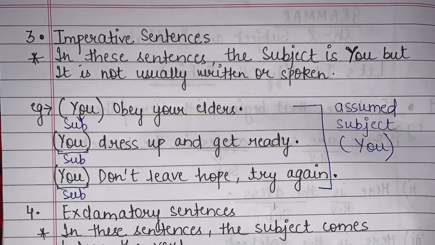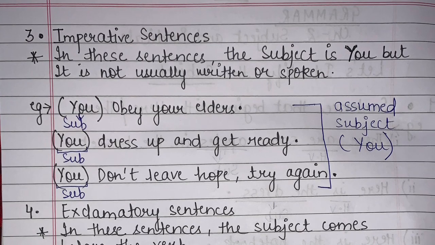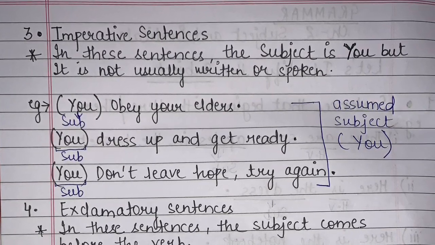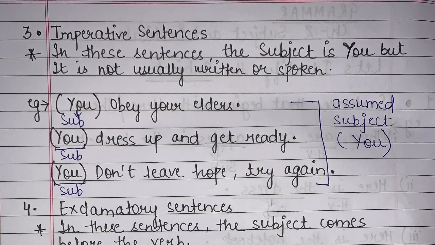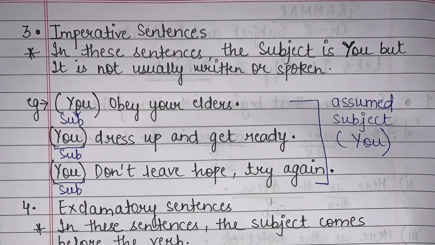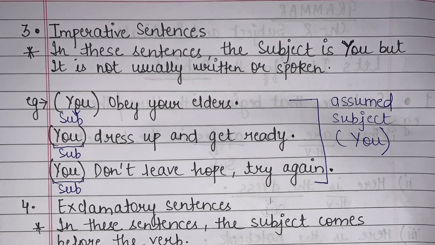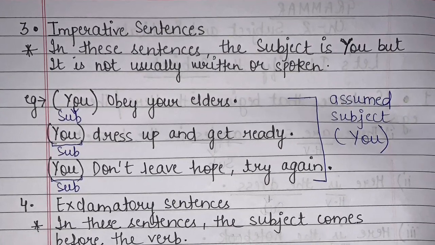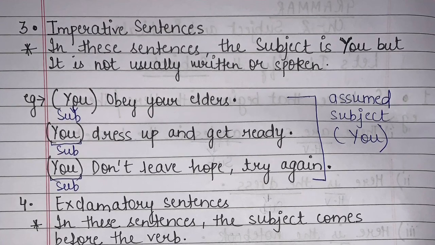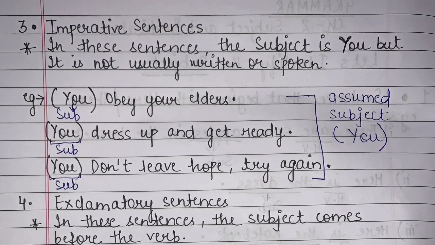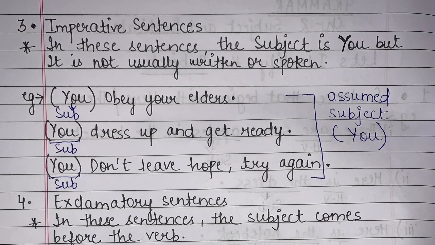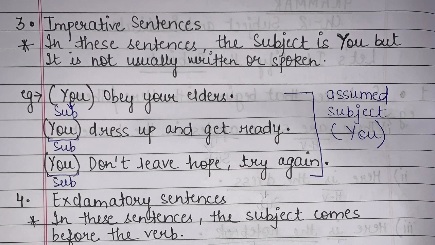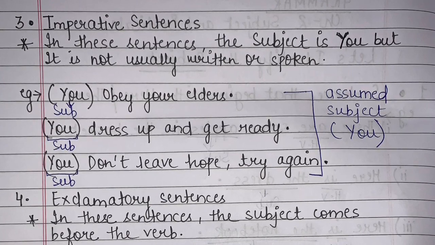In these sentences, the subject is you, but it is not usually written or spoken. So most of the time whenever you find these types of sentences, you will see that you is missing. It is like a general instruction, but every time you have to assume, which means you have to imagine, that the subject will be you. So you have to always add you in front of your instruction.